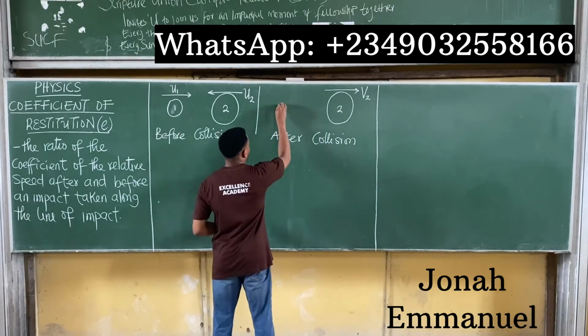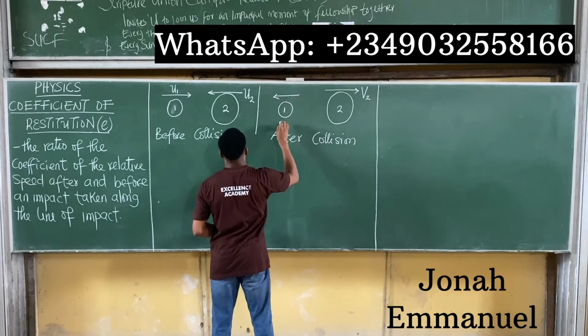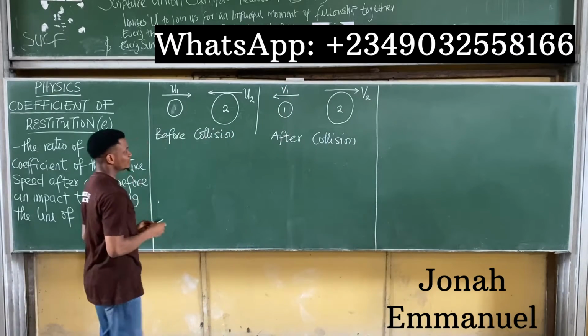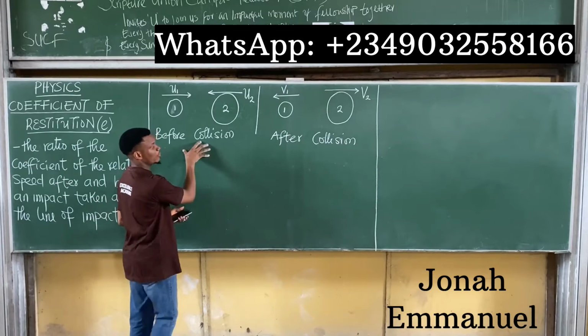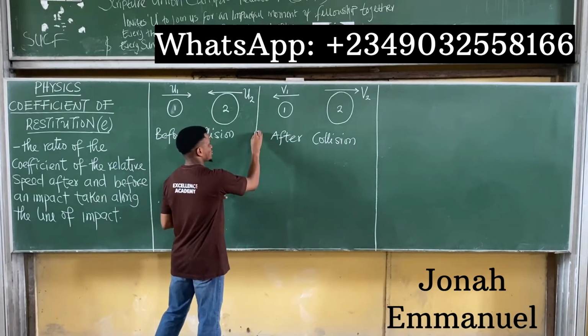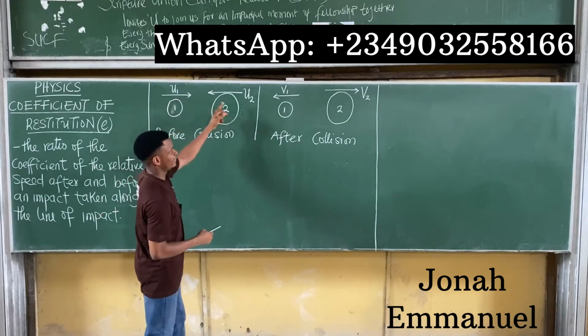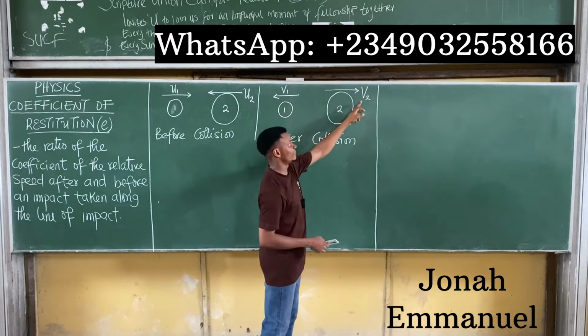And body 1 is going this way, so let me call this v1. So I have two bodies before collision and after collision, such that their initial velocities are u1 and u2, and their final velocities are v1 and v2.